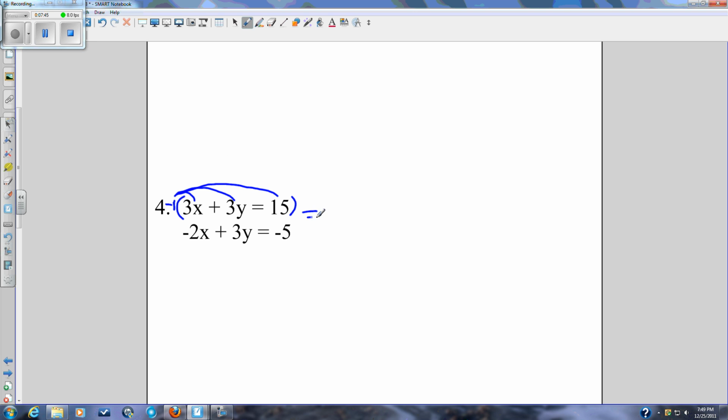And when I do that, I end up with negative 3x minus 3y equals negative 15. The second equation remains the same. We haven't multiplied that by anything. We will have some cases where we do multiply both equations, but this is not one of them.